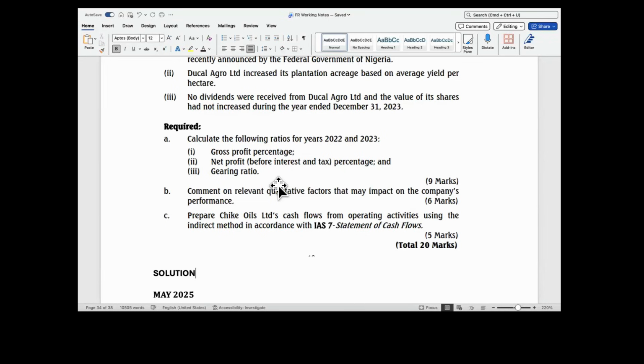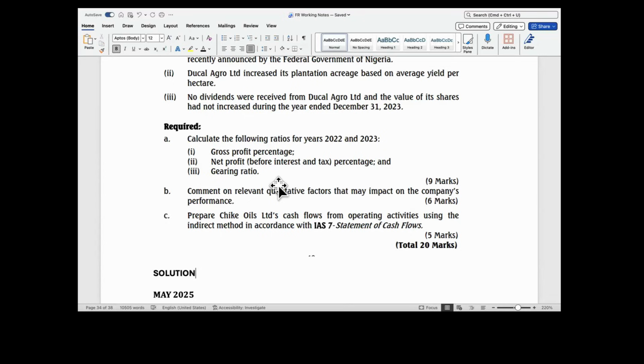We only focused on the ratios, but the reality is that there are a lot of non-financial factors, which is qualitative, that can really affect a company's performance. And the very obvious one would be the quality of their leadership, the management quality and the caliber of their leadership, or their regulatory environment.